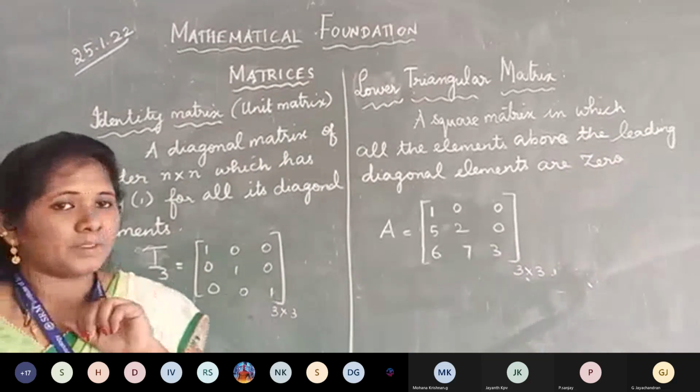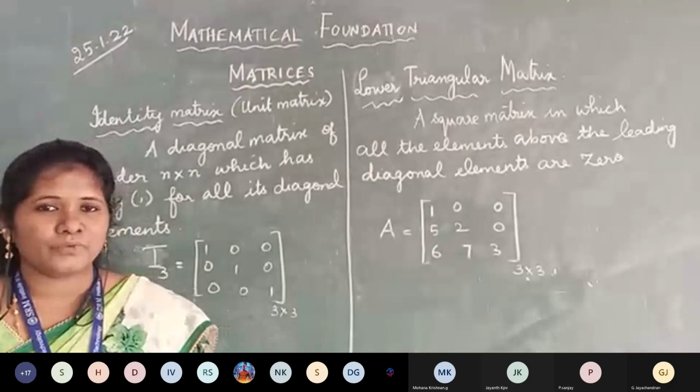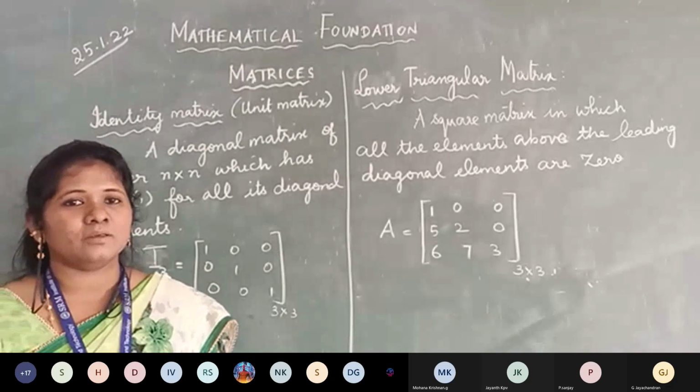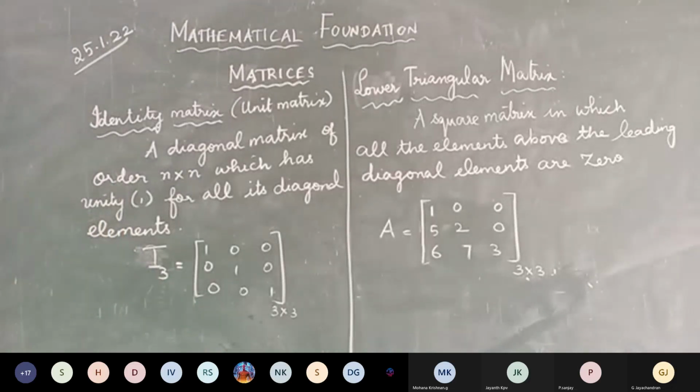So you have finished your upper triangular matrix, lower triangular matrix. Any doubt? Here you go on to transpose of a matrix. Okay, have you all finished writing?